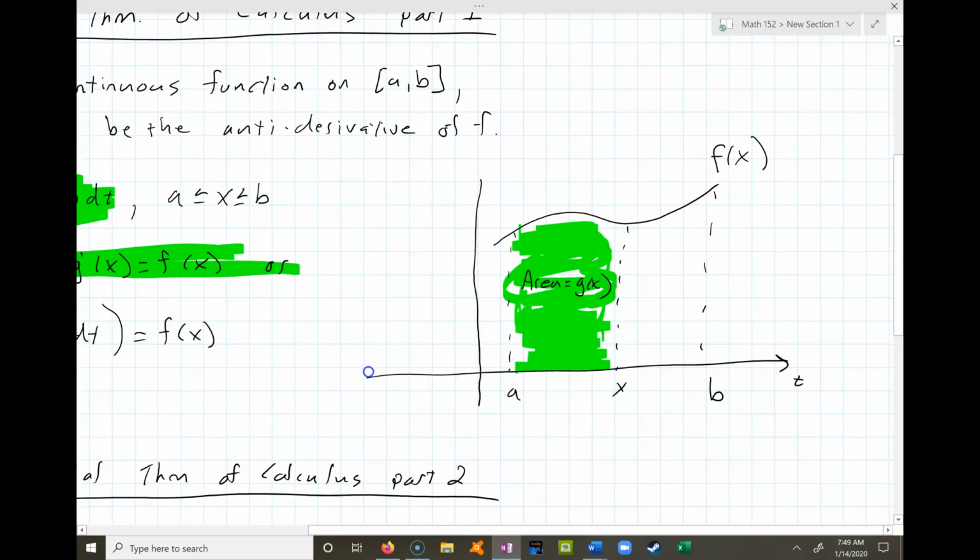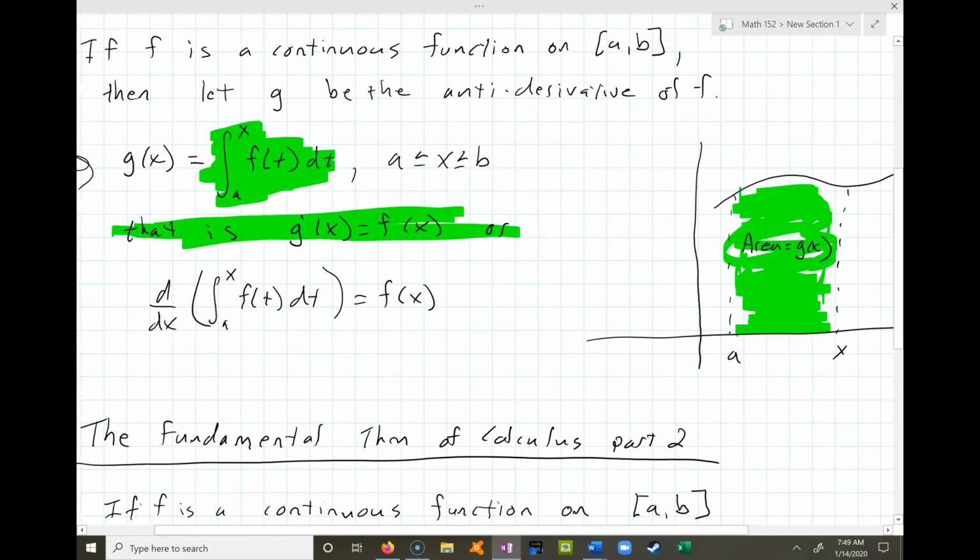So that's basically the first part of the Fundamental Theorem of Calculus. It is telling you that integration and differentiation are inverses of each other. You undo one by doing the other.